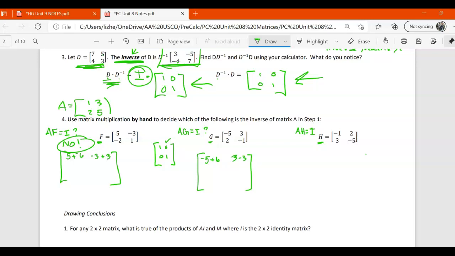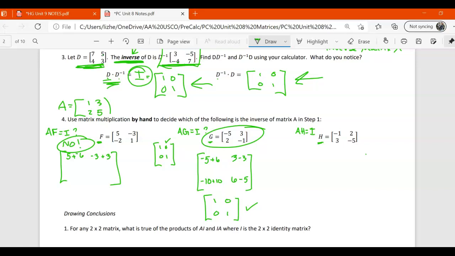That's good. Now I'll do the second row times the first column. 2 times negative 5 makes a negative 10, and 5 times 2 makes a positive 10, so that gives me a 0. And finally, 2 times 3 makes a 6, and 5 times a negative 1 makes a negative 5, giving 1. So this cleaned up is 1, 0, 0, 1. And therefore, this is the inverse matrix to matrix A.